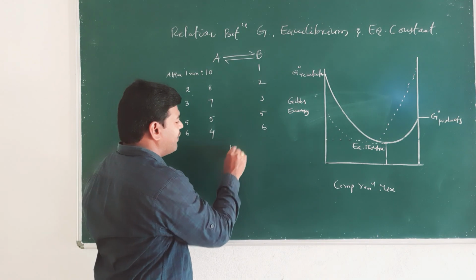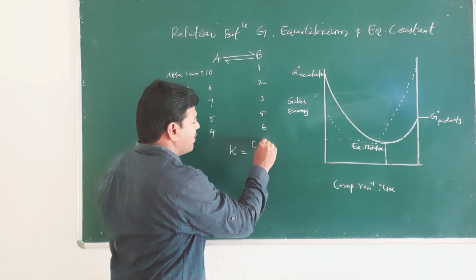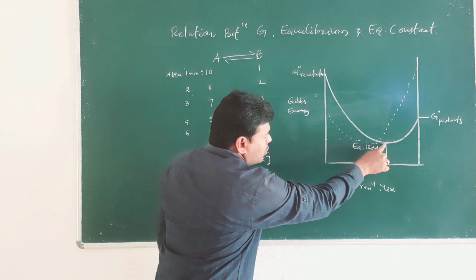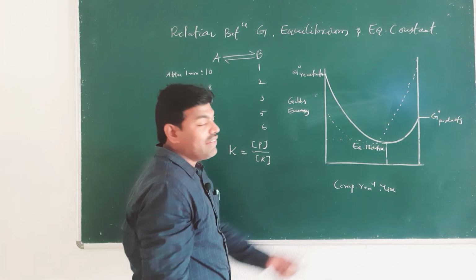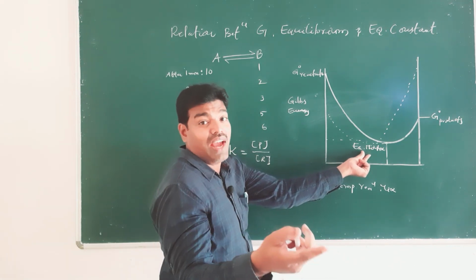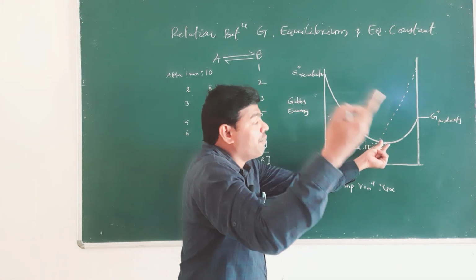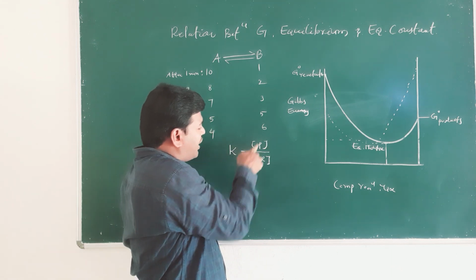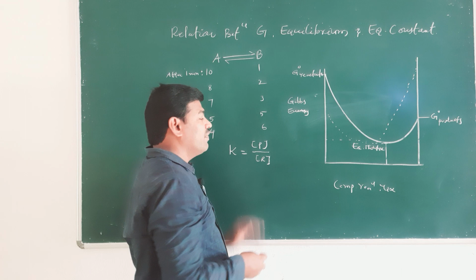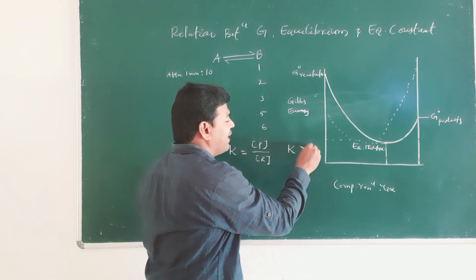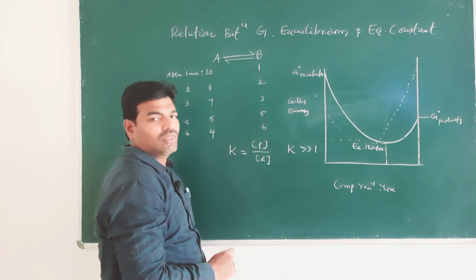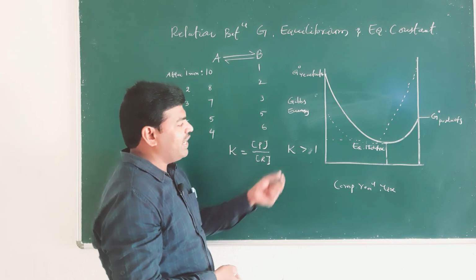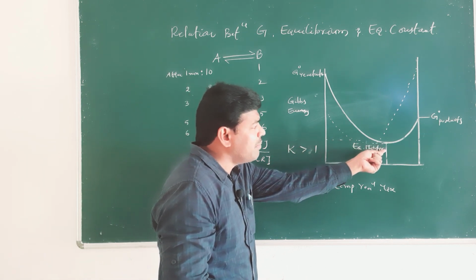Therefore, K is defined as the concentration of products divided by the concentration of reactants. When the Gibbs energy minimum lies close to the products, the equilibrium mixture favors products, that is, the concentration of products is more than the concentration of reactants. So in this ratio the numerator is larger, therefore the K value is greater than 1.